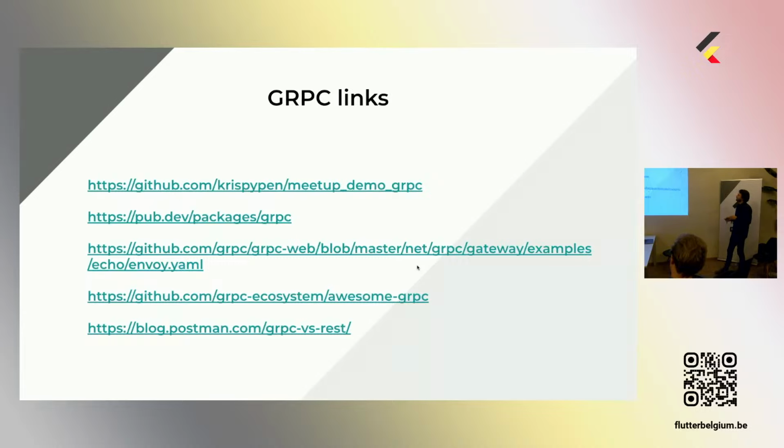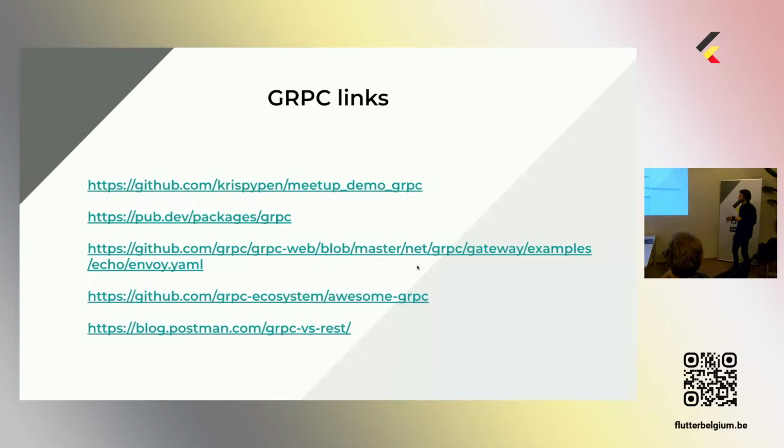Then some gRPC links that are cool or interesting. It's my demo on GitHub. The package that you need to install on the client or on the server. This is the Envoy proxy that you need to use, but if you use Docker Compose, it's only a one-liner to run it, and it will spin up the proxy server, opening a port, and your client can connect to it.